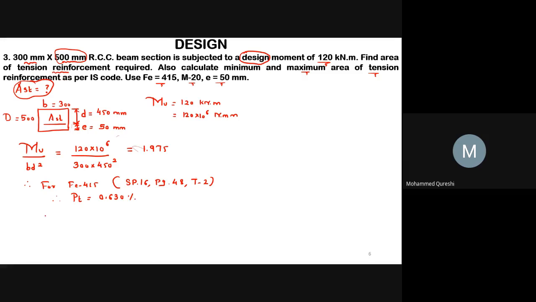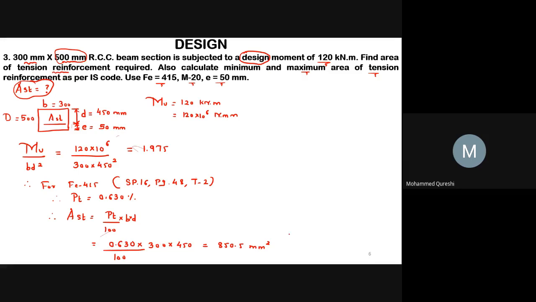0.630%. Now, as we know that capital Ast equals Pt bd by 100. After putting the value of Pt as 0.630, b as 300 and d as 450, you will get the value of Ast as 850.5 mm square.